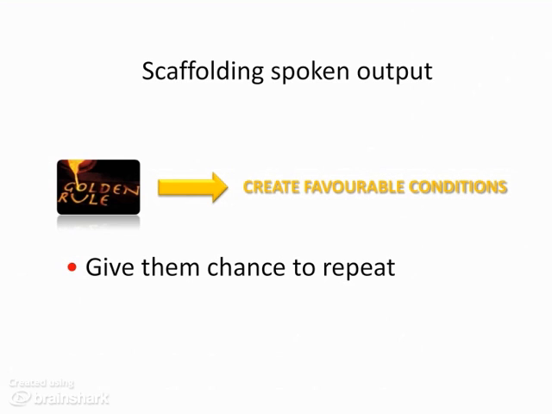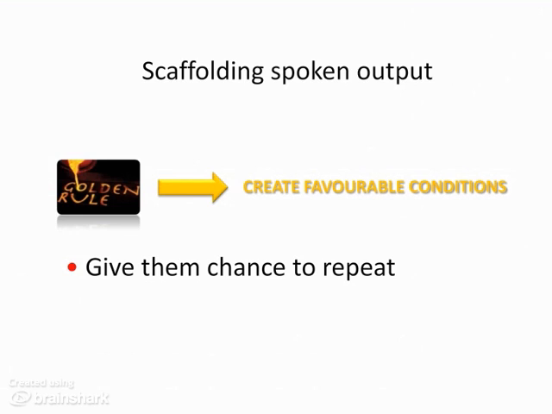Returning to this golden rule of creating favorable conditions. Again, practice makes perfect. If we give students the chance to repeat an activity, then they often do it better the second or the third time because they've had the chance to practice and to refine.